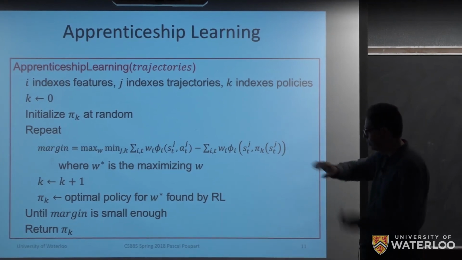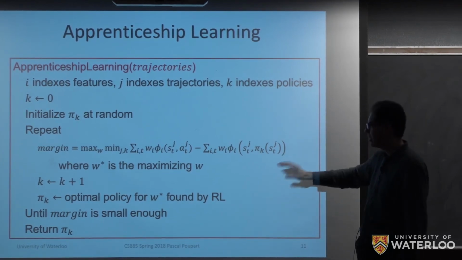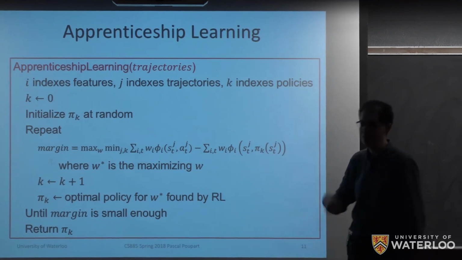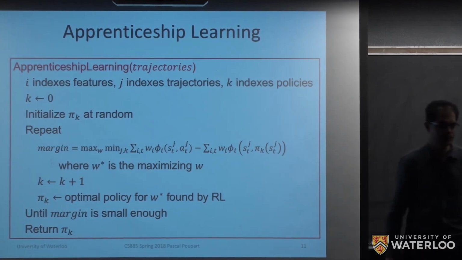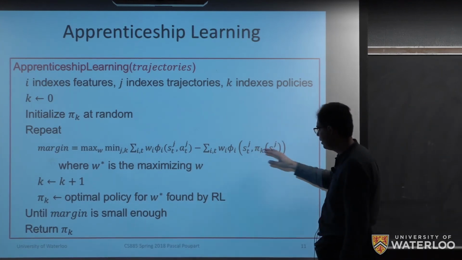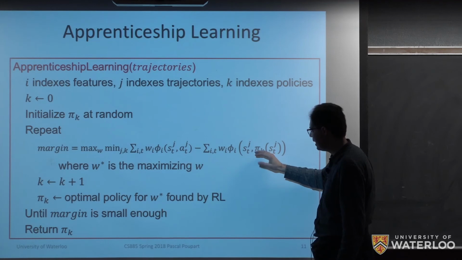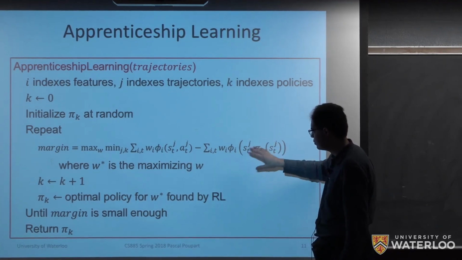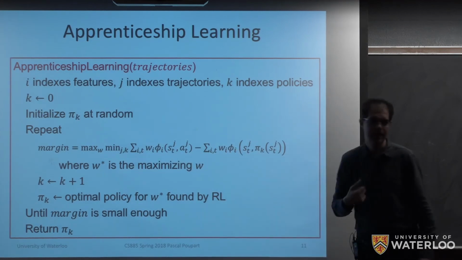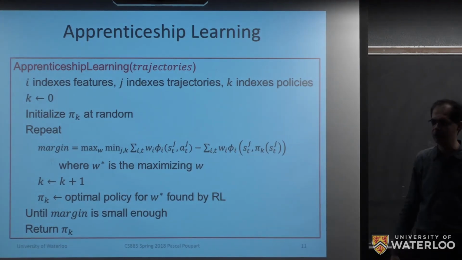Instead of looking at the trajectories themselves, I'm just going to look at the states and then replace the actions by whatever the policies would choose. Okay? So if I choose some different actions, then I will obtain some different rewards, and I want to make sure that this is greater than the rewards that are earned here.